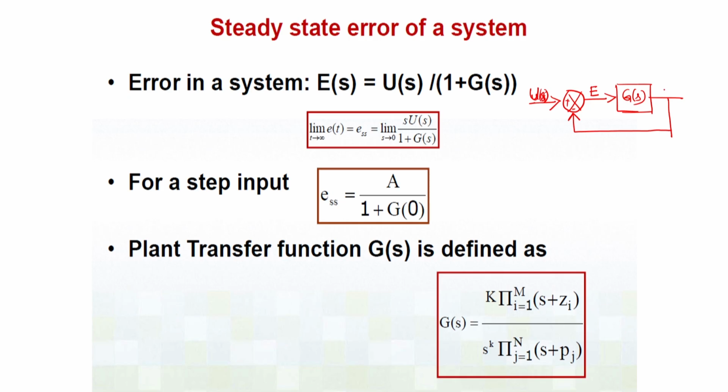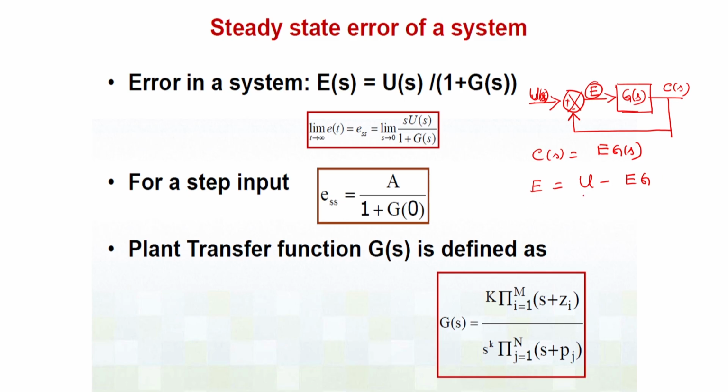So, what is the output here? We know that this is the C(s), we usually call it. So, C(s) is E G(s), right. Now, what is the error E here then? Then error E here must be U minus E G(s). That is the error E here.